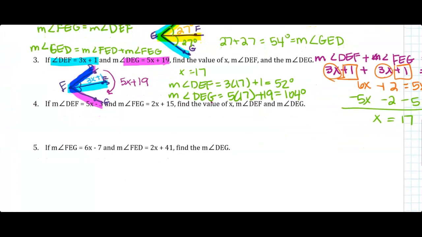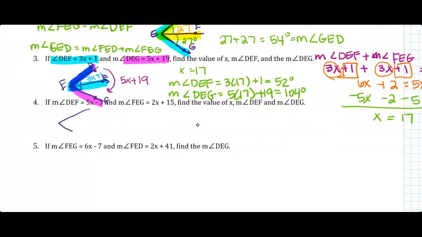Looking now at number 4, we're going to set it up the same way. That's supposed to be a G. Okay, so they told us the measure of angle DEF, that's that one, is 5x minus 3.